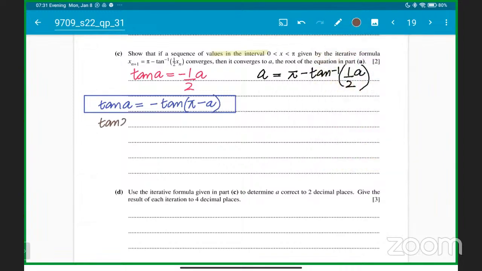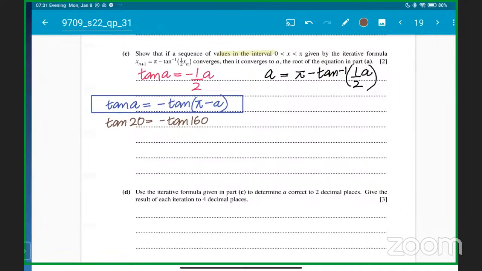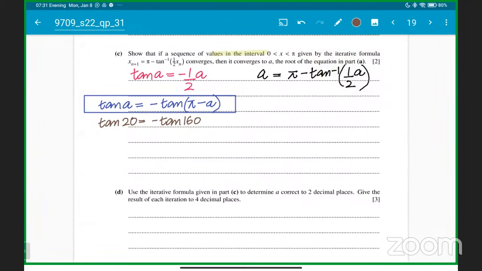If you have tan 20 degrees, it will be equal to minus tan of 160 degrees, that is 180 minus 20. Tan 20 will be equal to minus tan of 160. I've given an example as well. Clear, everyone? Any questions, any problems? Let me know.